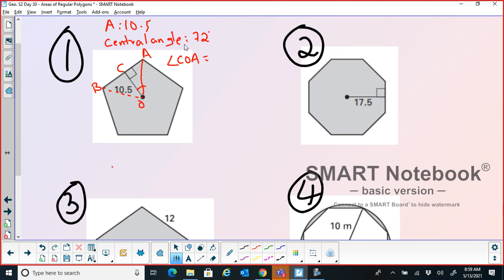BOA is your central angle, 72 degrees. So therefore COA will be half of 72 degrees, and that is nothing but 36. So this is 36 degrees.